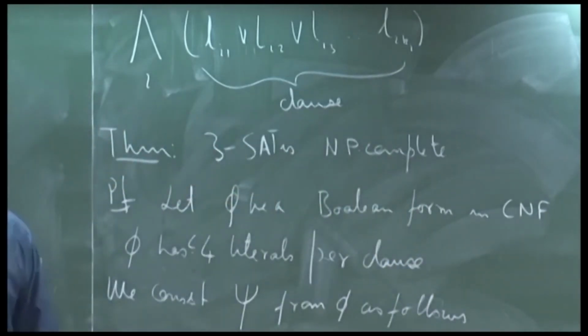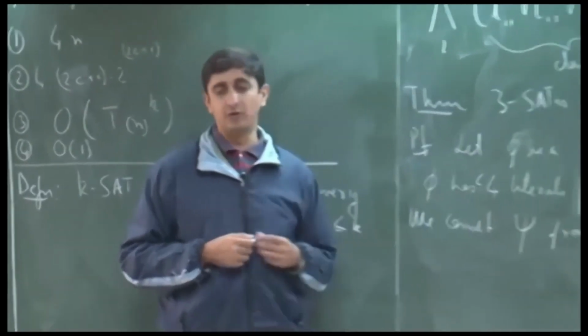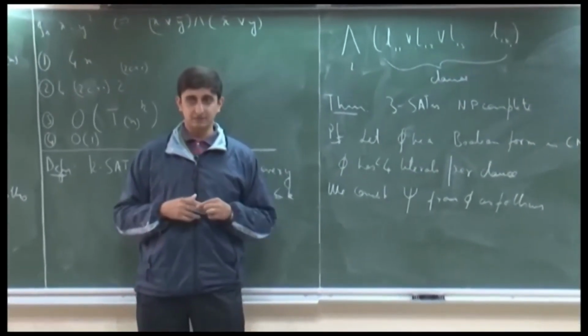Any idea how we can reduce this? Let us just assume that for the time being. In general, you are right, it can have an arbitrary number of literals, but let us just look at the case when it has at most 4 literals. We will look at the general case later on.